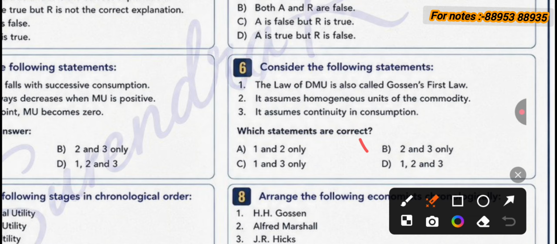Option B, 2 and 3 only. Option C, 1 and 3 only. Option D, 1, 2, 3. And here the correct answer is option D. All are correct. As you all know, this is Gossen's first law, and it assumes homogeneous units of commodity, and it assumes continuity in consumption. Now move to the next question.